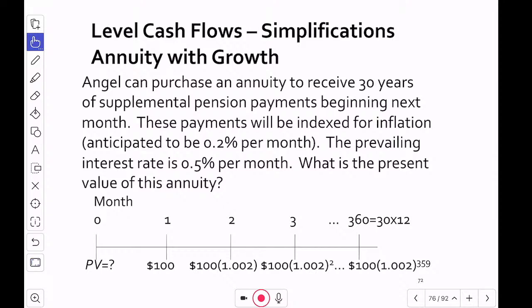Angel can purchase a financial instrument known as an annuity. So you can actually buy an annuity. You can sell annuities too. To receive 30 years of supplemental pension payments beginning next month. These payments will be indexed for inflation.